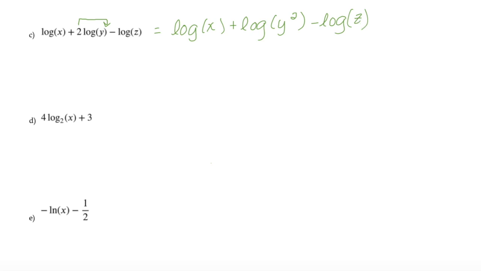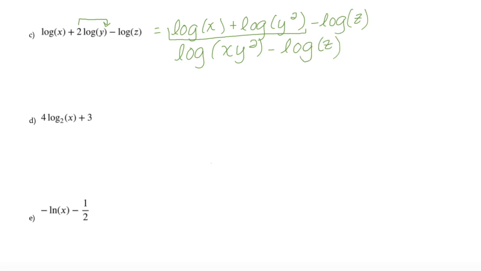Even though we don't see the base of 10, we do know that they all have the same base. Starting from left to right, we can use the product rule to add these together by turning it into multiplication. We now will have log of xy squared minus log of z.